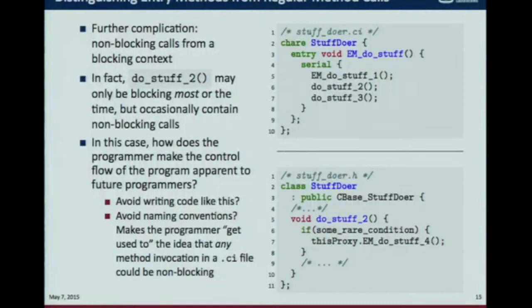Go look up where do stuff 1 is defined and say, is it defined in a CI file as a structured dagger entry method, or is it defined in a .h file? It's probably not ideal, but it might be good. You could just use comments.